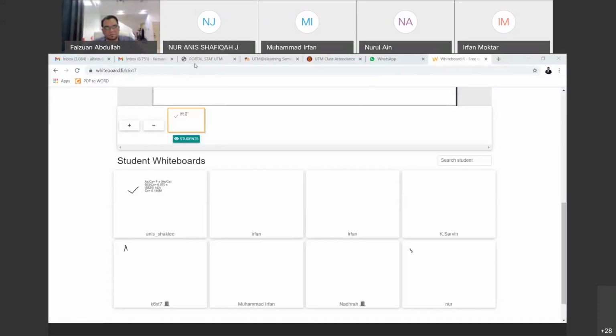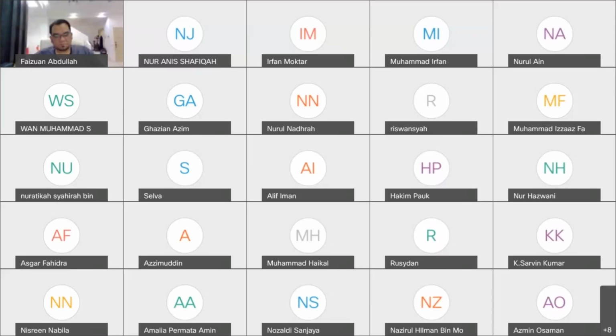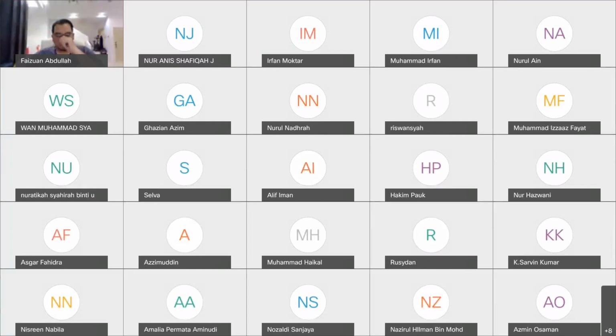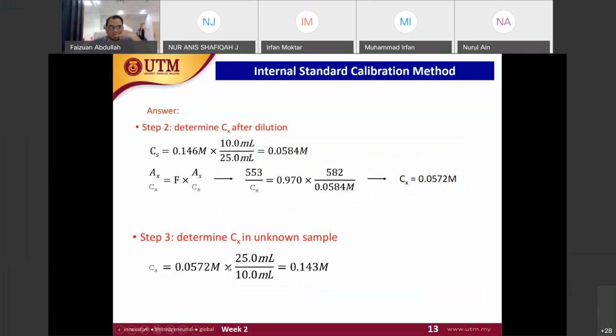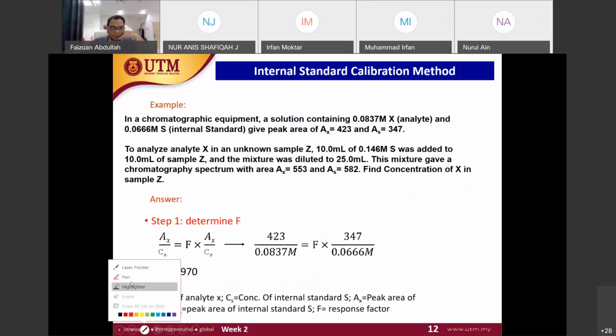Let me share the slide again. For the first step, from the given information in the first paragraph, we have the concentration of X and also S, and also we have the peak areas.